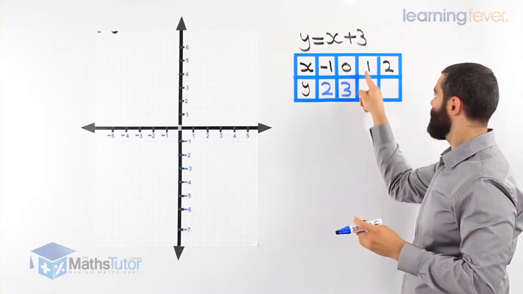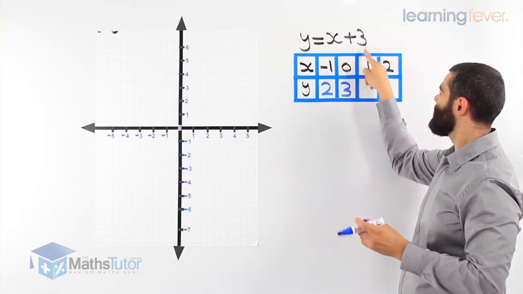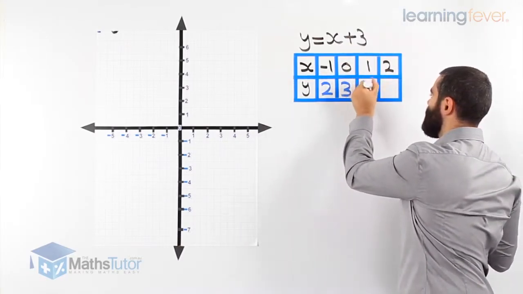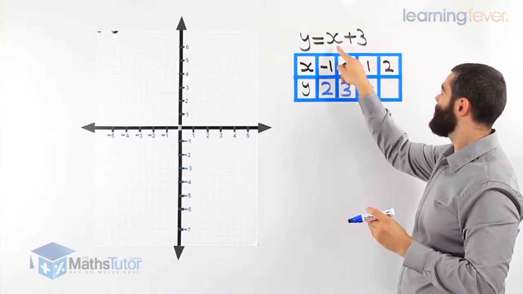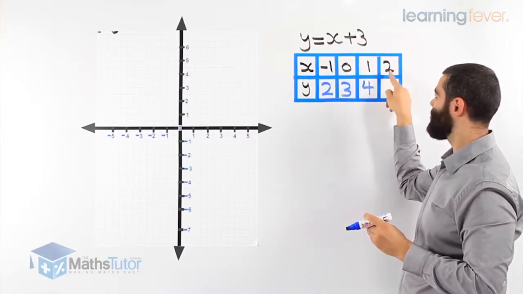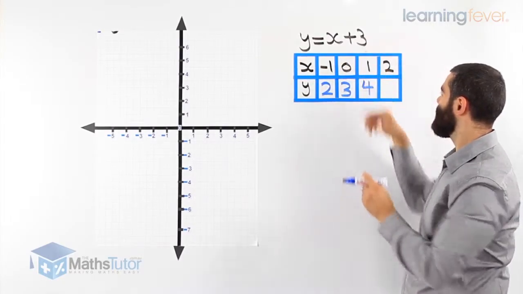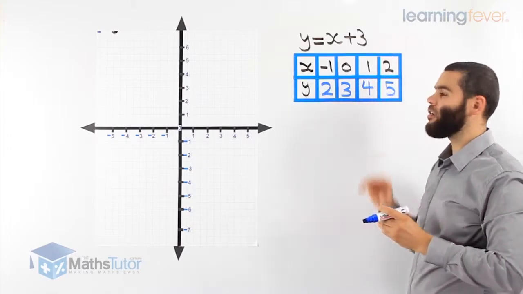The next one, x is going to be 1. 1 plus 3 is 4. And the next one, x is going to be 2, so we replace x with 2. 2 plus 3 is 5.